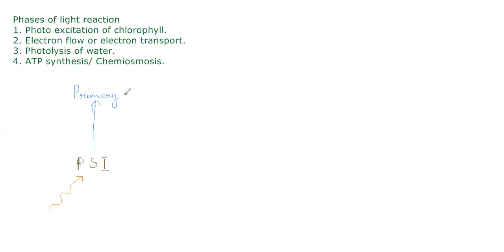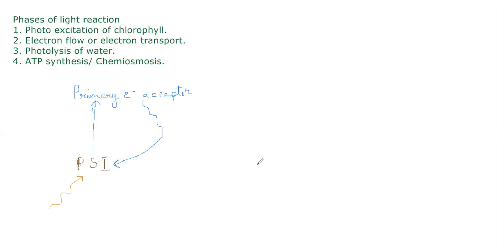From here, through a series of chemical compounds, the electrons move downhill, release their energy and return back to this same system, PS1.